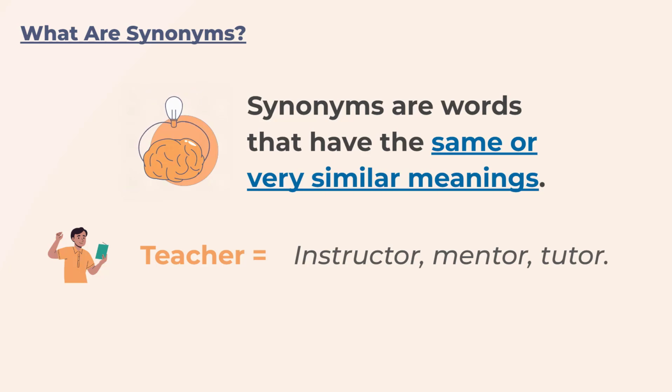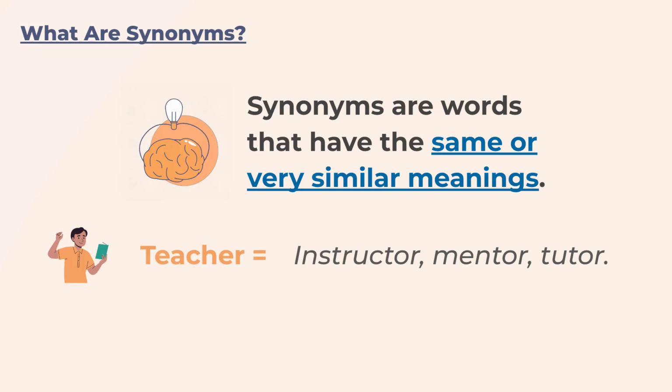Now, just to show you that it's not exact, but very similar, teacher and tutor might be used slightly differently. A teacher is probably someone who is employed by the government to work for a child, say, or a student, whereas a tutor is generally considered someone who is a private hire.